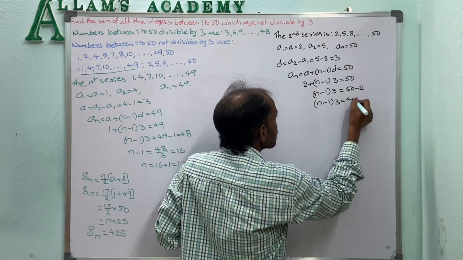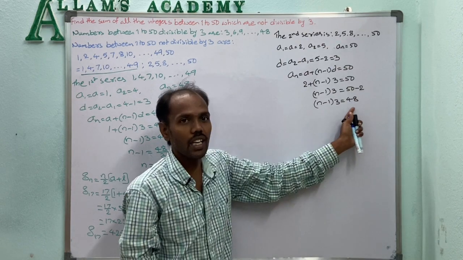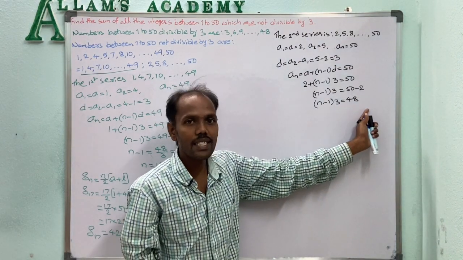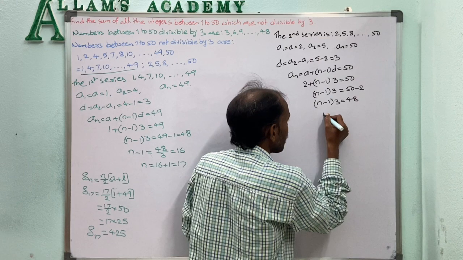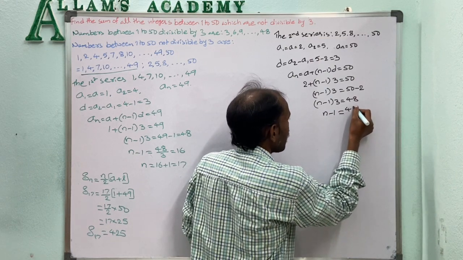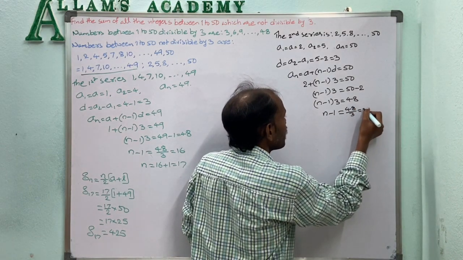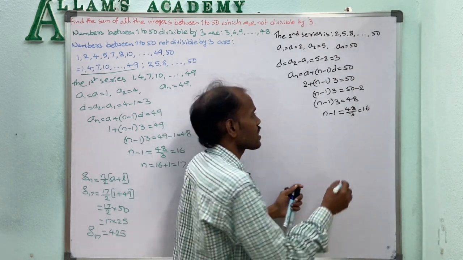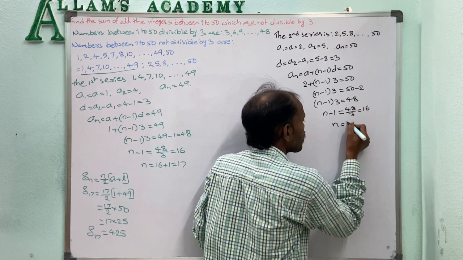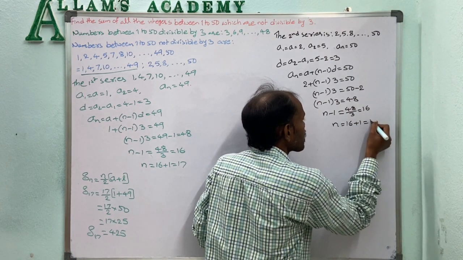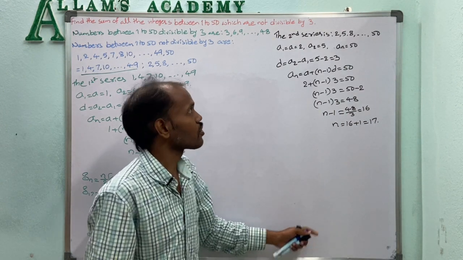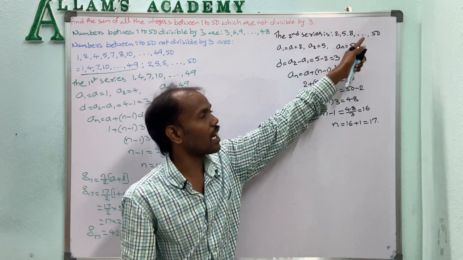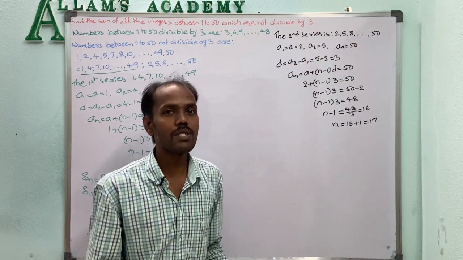So n minus 1 into 3 equal to 48. Now multiplication by 3 transfers to RHS as division. So 48 by 3 is nothing but 16. So n minus 1 equal to 16. Now minus 1 transfers to RHS as plus 1. 16 plus 1 equal to 17. So here 2, 5, 8 up to 50 has 17 terms.